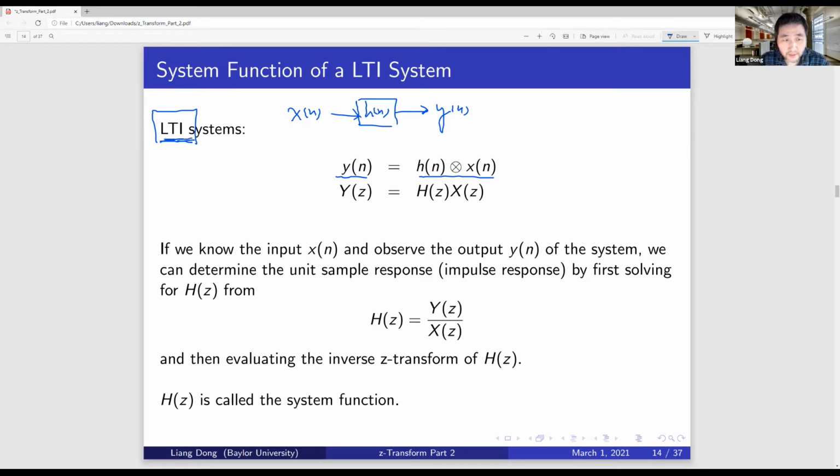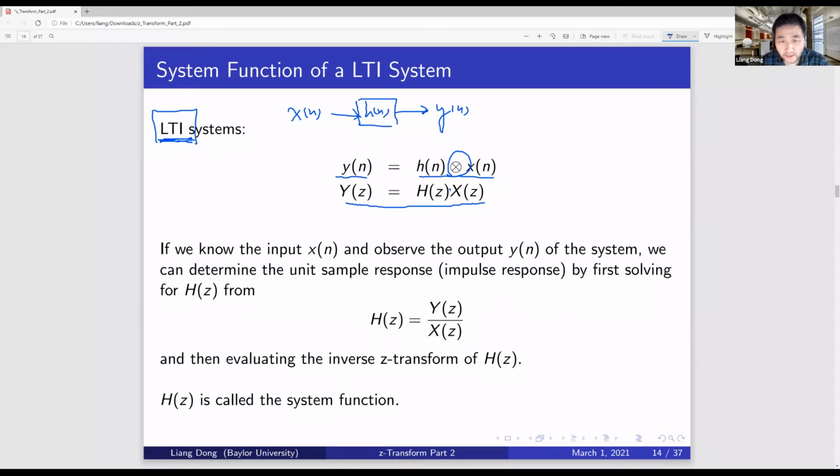LTI systems are easy to analyze, and most practical systems can be divided into piecewise linear or piecewise LTI systems. Therefore, we can use this technique. In the Z domain, when we translate into another transformation domain Z, the convolution becomes a product. So we have Y(z) equal to H(z) times X(z). So it becomes a very nice format.